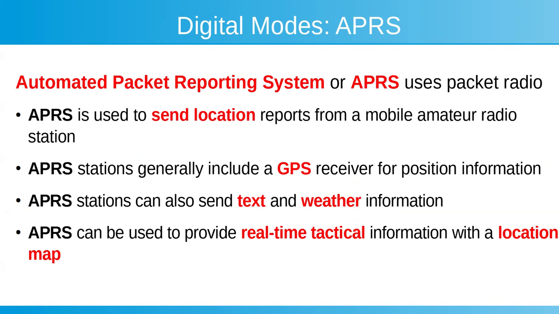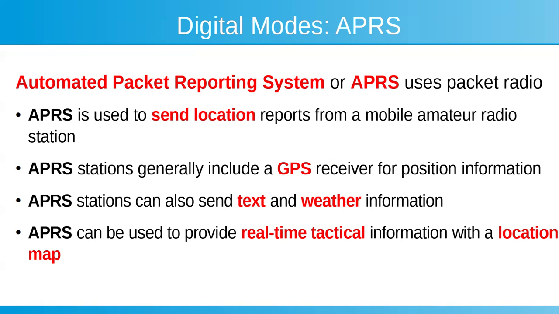APRS also uses the packet radio type of format, and it sends location information, normally via GPS. You could have fixed information in there, but it doesn't do much good if you're moving.